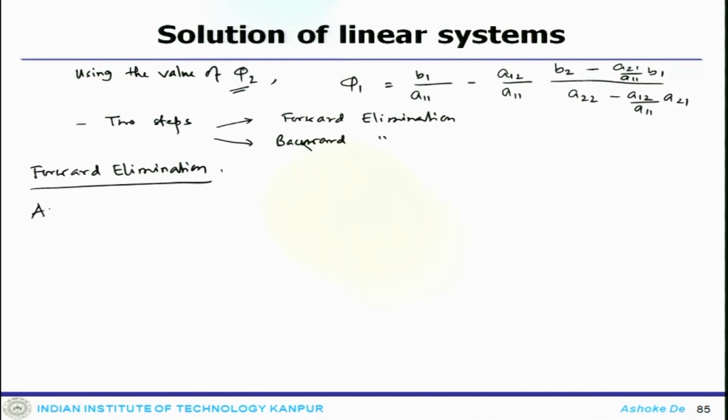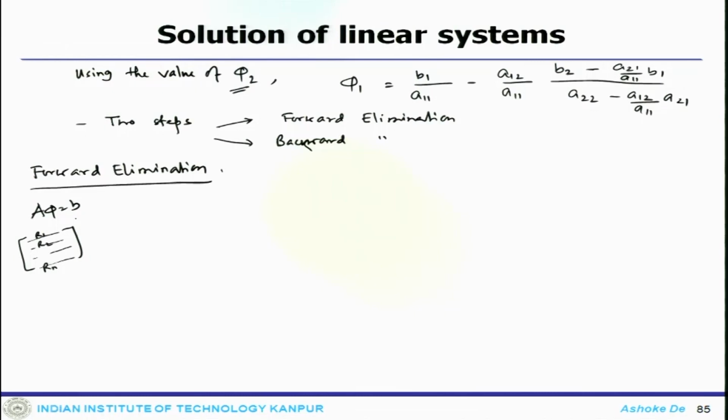So, if I have A phi equals B, this is row 1, this is row 2, and so on up to Rn. The individual rows represent the equation of the individual element like phi 1, phi 2 and so on.